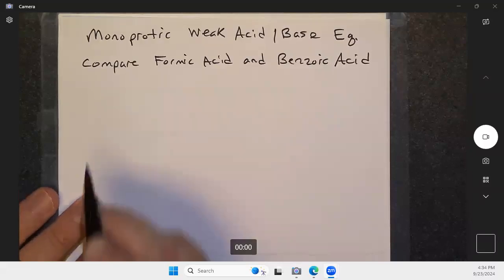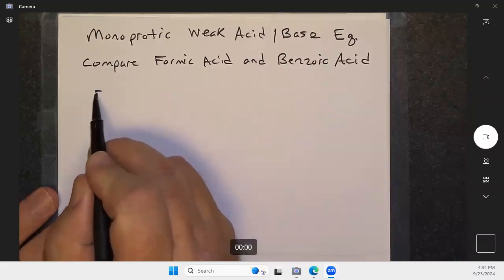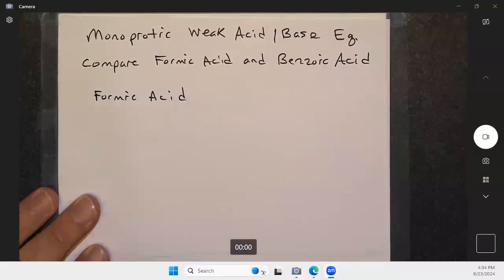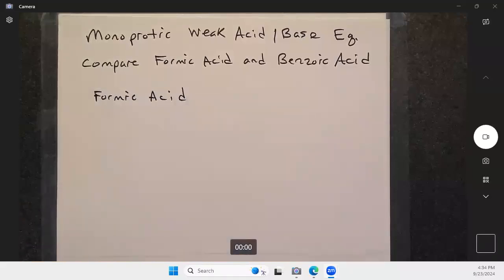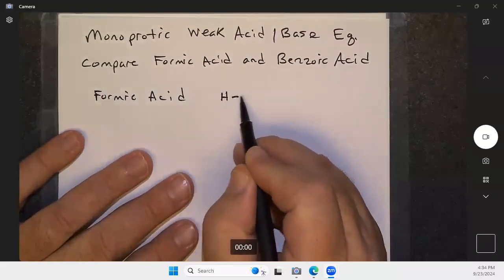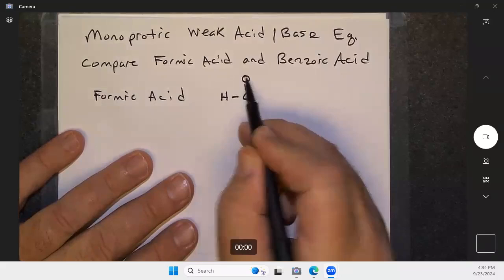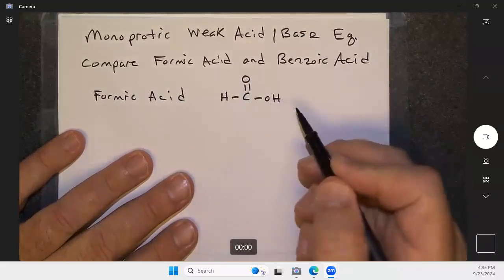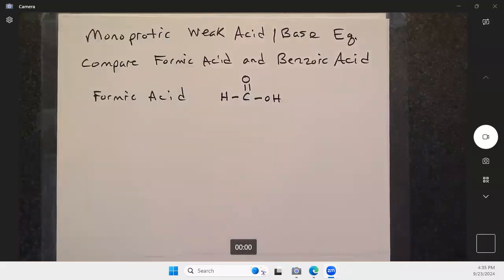So we take formic acid, which the book writes this way, HC double bond O, OH. It's the simplest of the carboxylic acids, right?